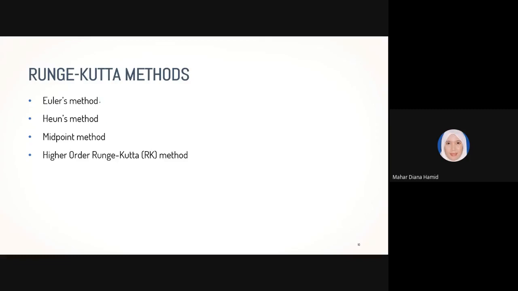The first one is the easiest, Euler's method, followed by Heun's method, the midpoint method, and also higher order Runge-Kutta methods. In terms of accuracy, the least accurate is Euler's method, followed by Heun's method, the midpoint method, and the most accurate is the higher order Runge-Kutta method. So accuracy increases.